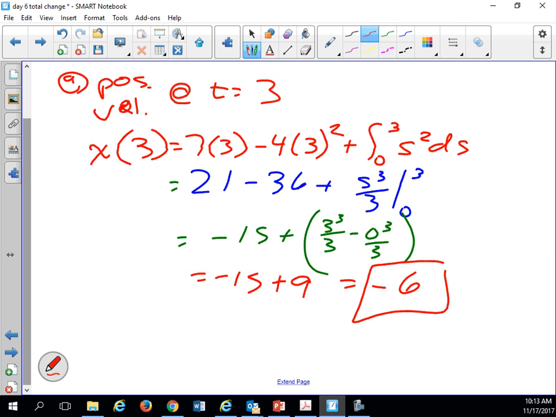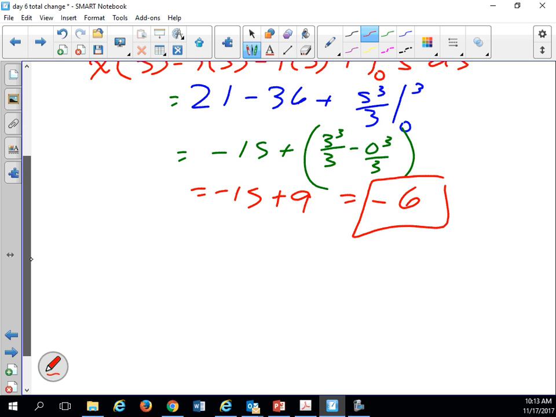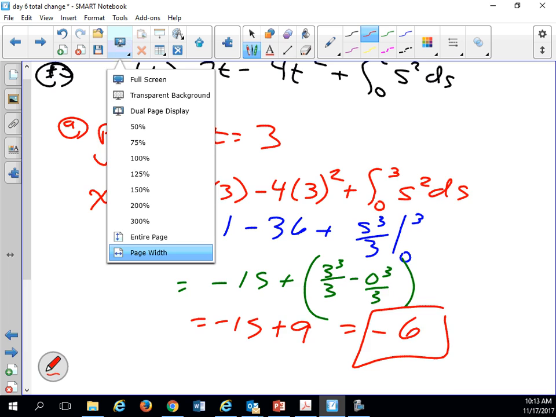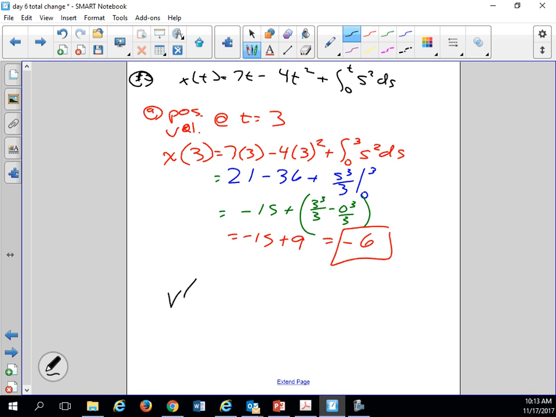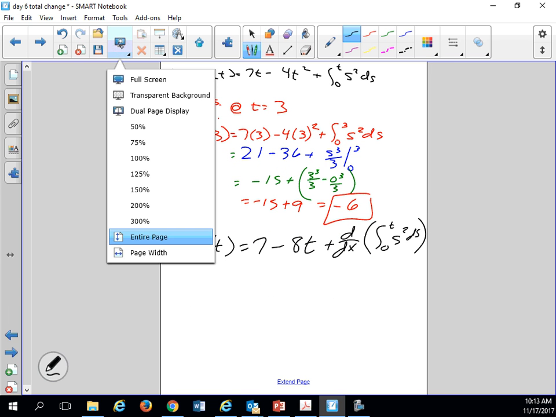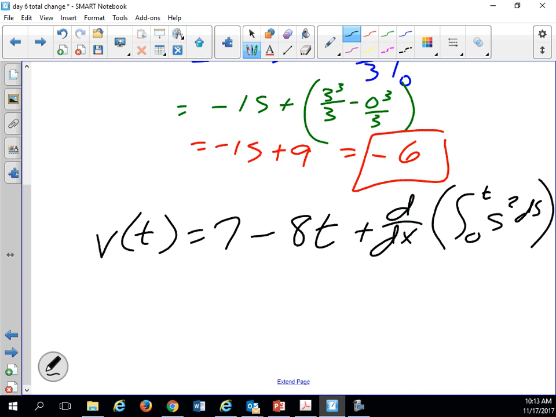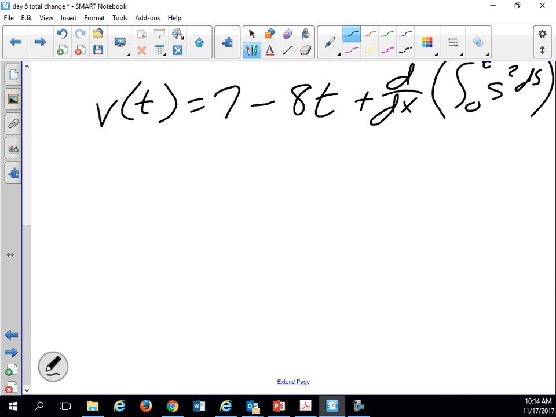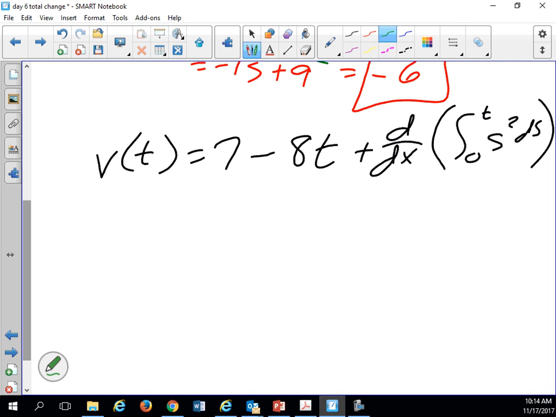Velocity. Well, before you do velocity, what do you have to do? Find the derivative of the position function. V of t. Derivative of 7t is 7. Derivative of the next piece is negative 8t. Derivative of this piece is the derivative of the integration. By the way, it's fundamental theorem of calculus. That's what that piece is. So when you do this, 7 minus 8t plus t squared times the derivative of t.